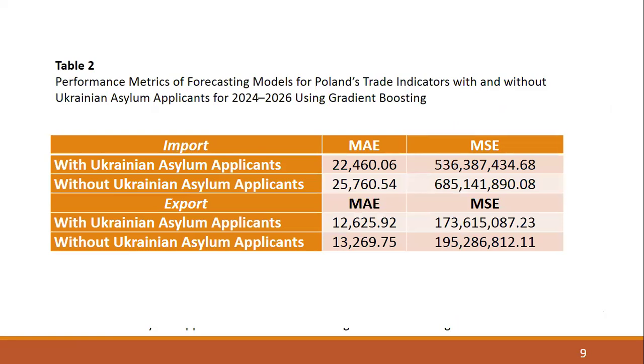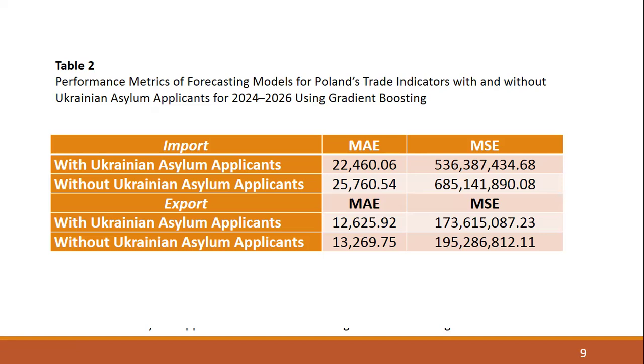The evaluation of forecasting model effectiveness, considering or not considering the impact of Ukrainian refugee migration flows on Poland's foreign trade, was conducted using MAE and MSE metrics. The results in Table 2 showed that models incorporating data on the number of migrants provide significantly higher accuracy compared to models that do not account for this factor.